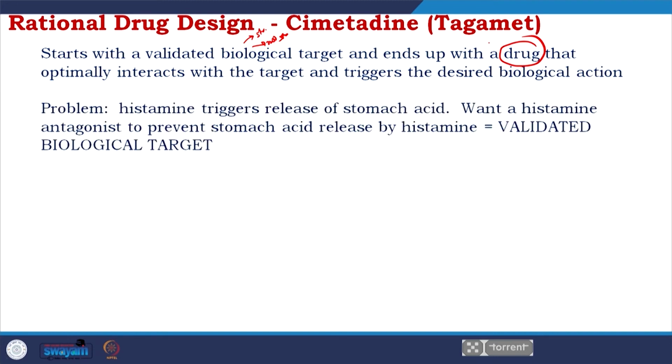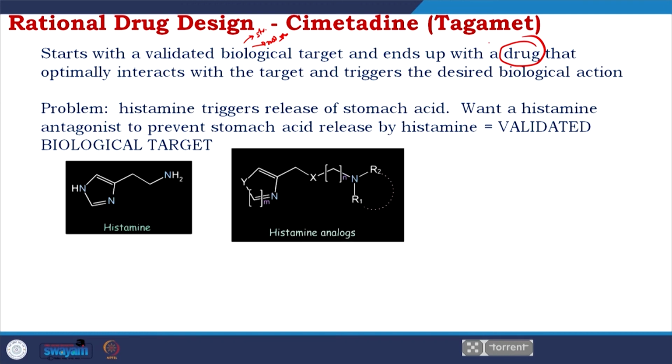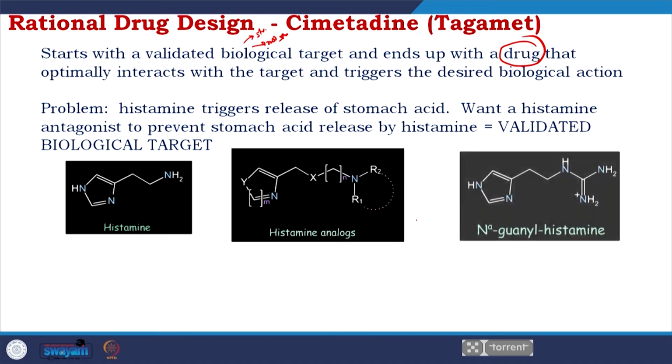So, we are talking about a problem where histamine triggers release of stomach acid. We want a histamine antagonist to prevent stomach acid release by histamine, the validated biological target. So, we take histamine, look at the molecule, and want to make histamine analogues.